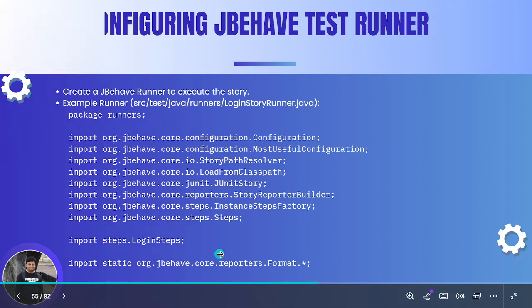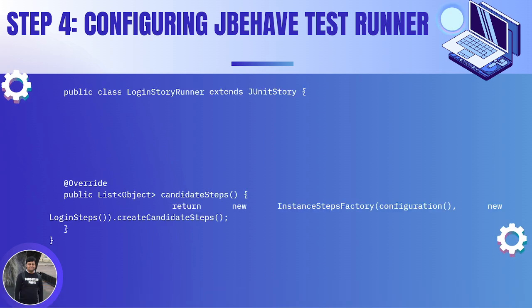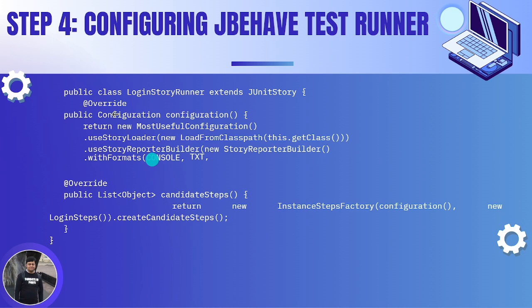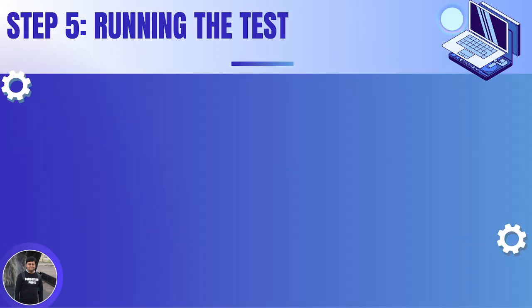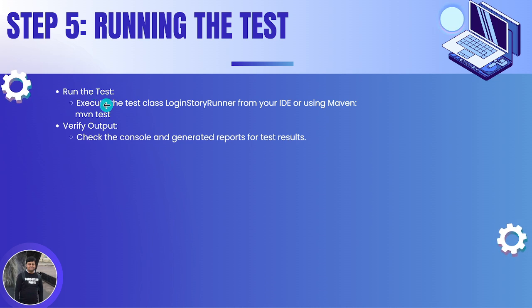Then you create this configuration and list the candidate stories, return a new one, and then it will execute your test case. To run, execute the test class LoginStoryRunner from your IDE or using Maven, then check the console and the generated report for the test results.